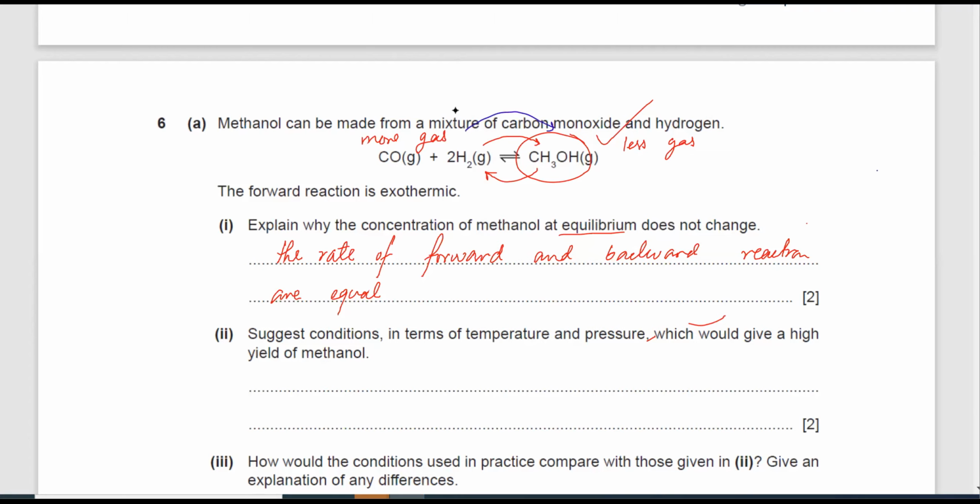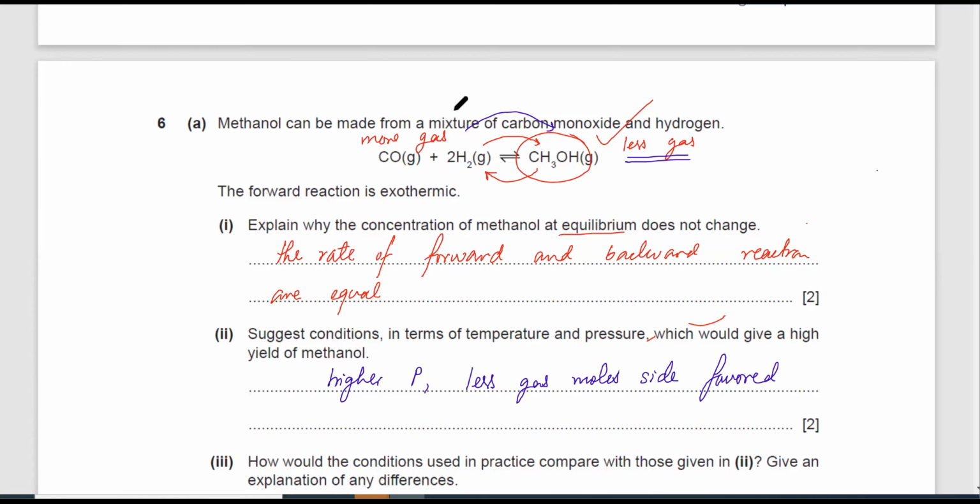Less gas is favored at higher pressure. So suggest conditions: use higher pressure, and explain that the less gas mole side would be favored, so more products.